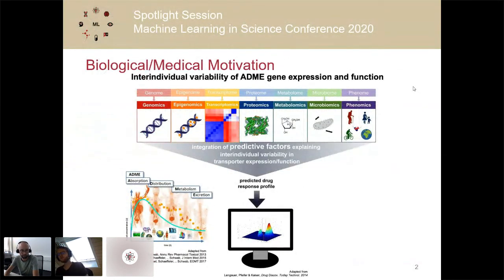So in our project, we are set in the field of precision medicine, which is a medical approach that tries to stratify patients based on individual factors rather than using a one drug fits all approach. The benefit of such an approach can be seen in multiple examples.